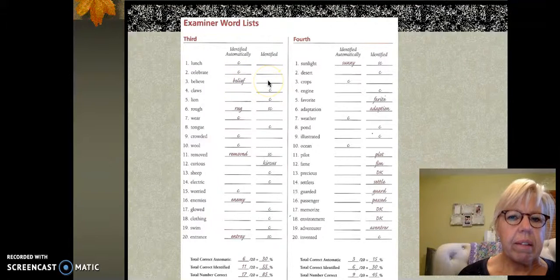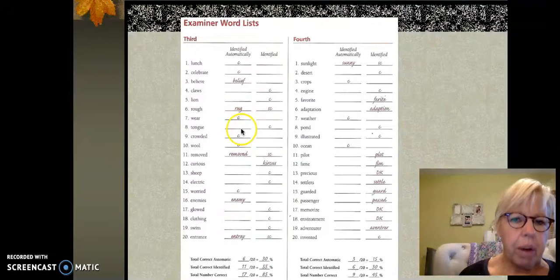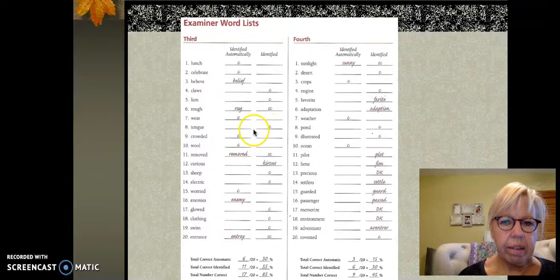Now, it doesn't tell us that the student didn't self-correct. So they went right on from belief, and they kept moving down, and they were fine. Then they got to rough, and they said rug. And they said where. Tongue they had to think about. They did not know it automatically, so that is left blank. But they did figure it out, and they were correct in the end.